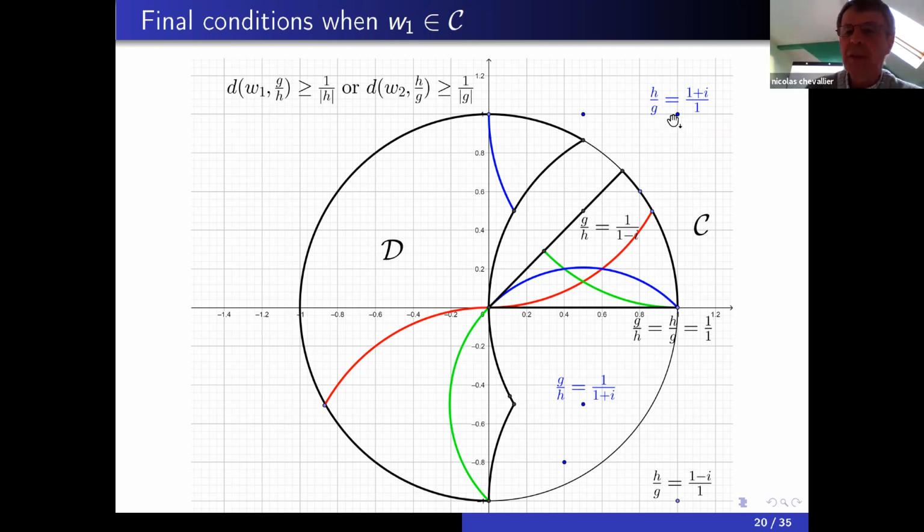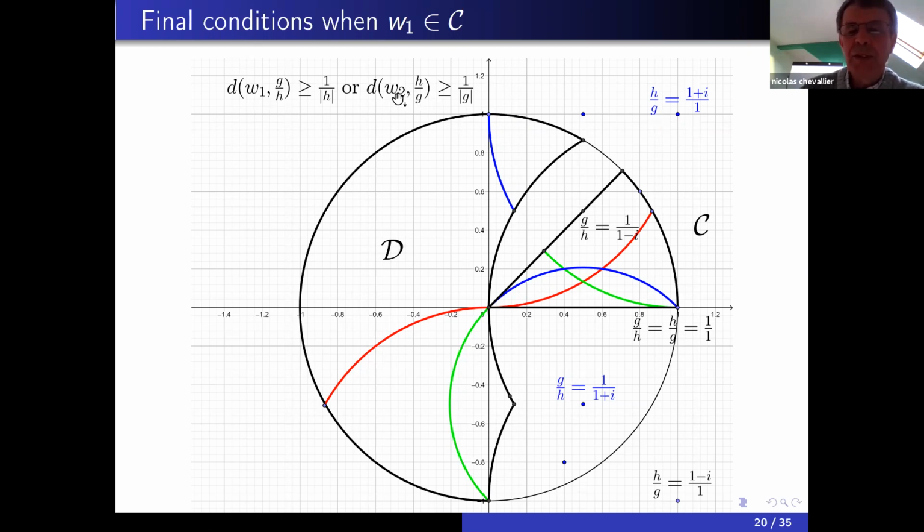I just explained what happens for this first pair here. If we take G equal to 1 and H equal to 1 plus i, then we look at this thing. And we take first the second coordinate.